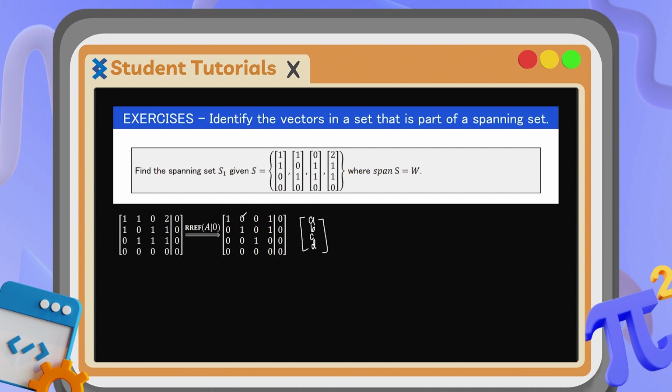Multiplying A, B, C, and then D, we have A plus D is equal to 0, B plus D is equal to 0, C is equal to 0. And again, as you can see, two scalars are dependent on the scalar D. So D would then be any real number.